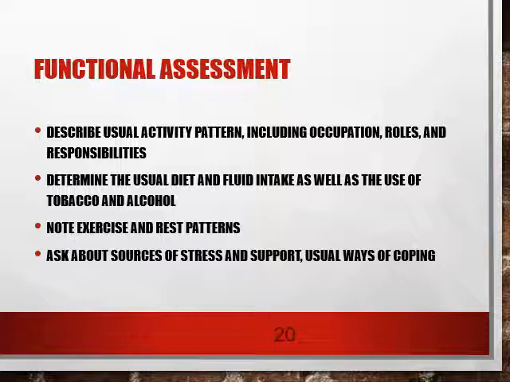And what is their usual way of coping? So this is really important because a lot of times our patients will tell us something, and the way we want to respond back is, how do you usually deal with that? What is your usual way of coping? And they may not connect this problem that they're having now with problems in the past, but the way they coped may help them both ways.